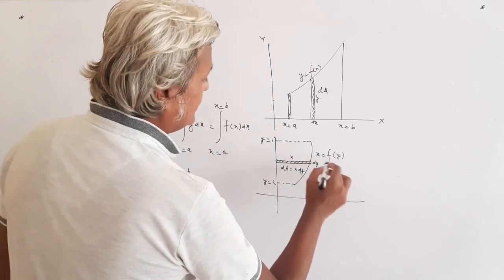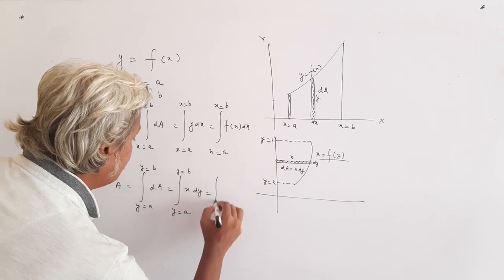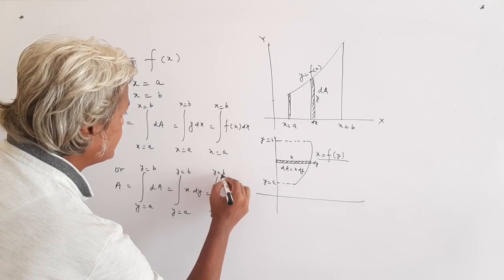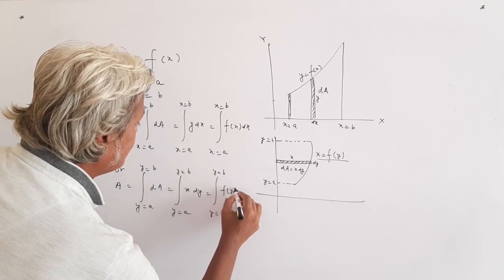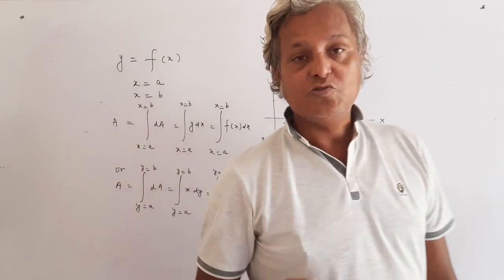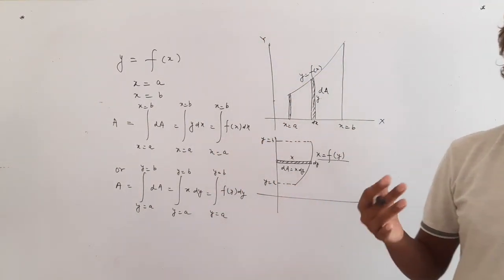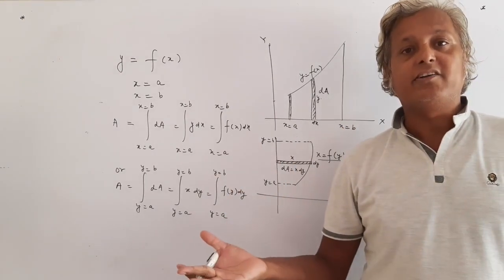Now this function represents x equal to f(y), so this becomes the integral from y equals a to y equals b of f(y) dy. So these are the techniques, and using them we will be finding out the area of the given curves or the given bounded region.